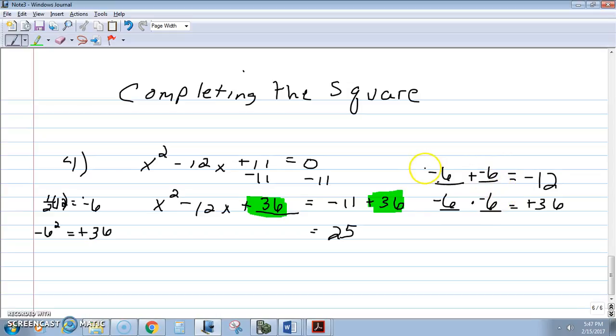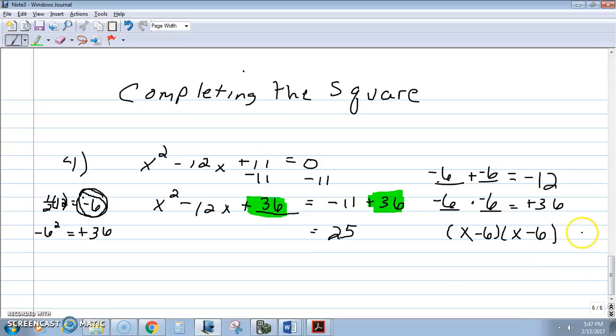We already knew that because we made it be like that. We created it to be perfect. We already found that negative 6 when we took half of 12, so we didn't actually have to do the other piece. So what you end up with is, of course, x minus 6 times x minus 6.